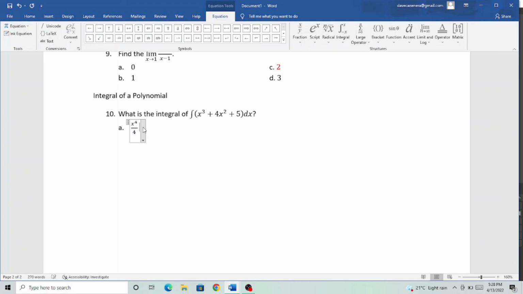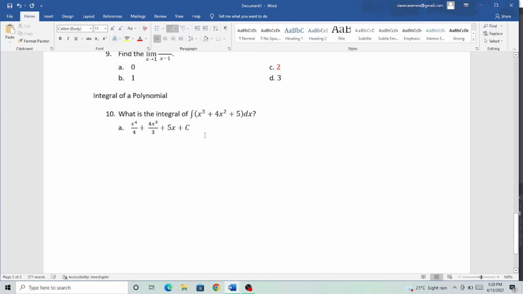Right, so for the next term, use this fraction, and for x squared, x to the power of 2 plus 1 is x cubed, x cubed over 3. And the integral of a constant is simply multiplying by x, and don't forget the constant. So this is the correct answer.